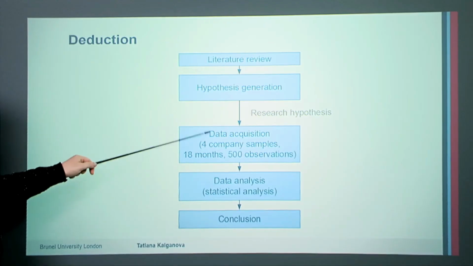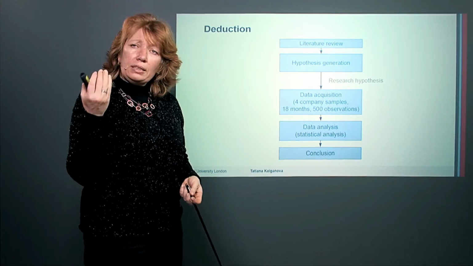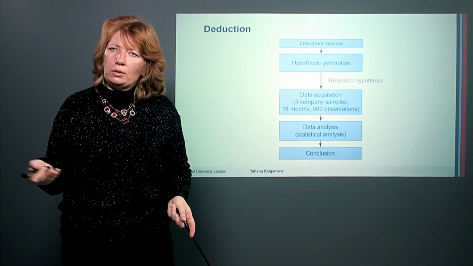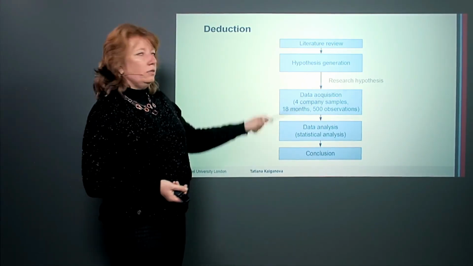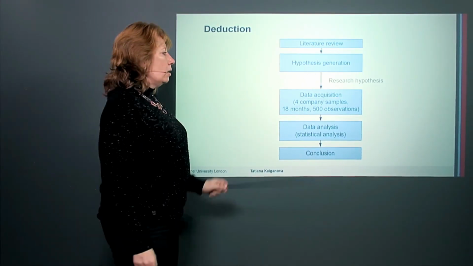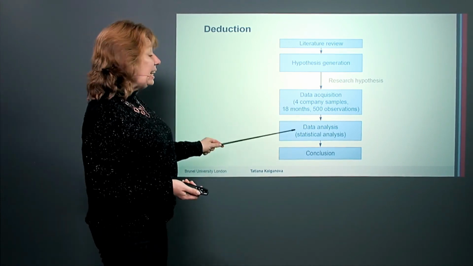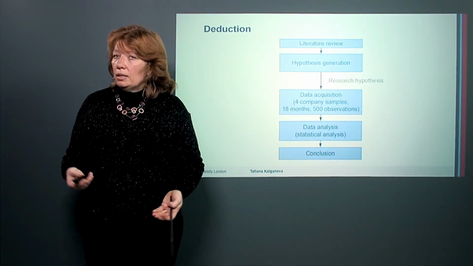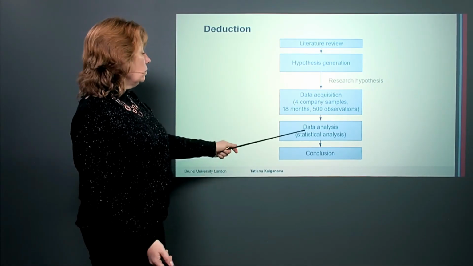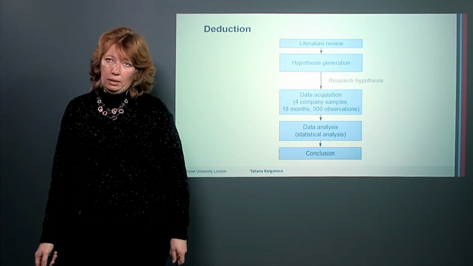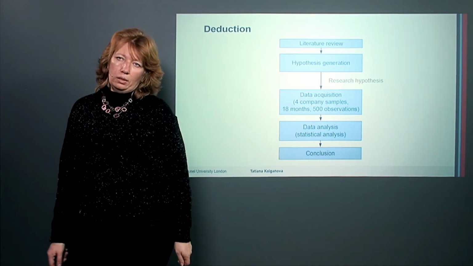If we look into this data, it will help us in future to understand how subjective or objective the quality of the data is for answering the research question. Once we've done our data acquisition, the next step is to do a data analysis. Data analysis could be done using regression analysis or, in this particular case, statistical analysis. Based on data analysis, we will draw a conclusion.